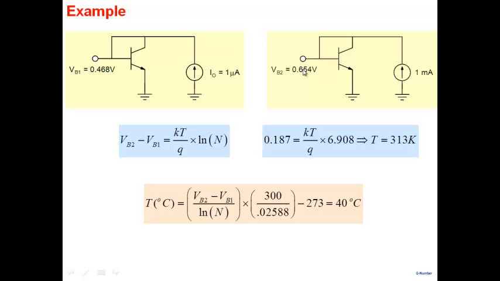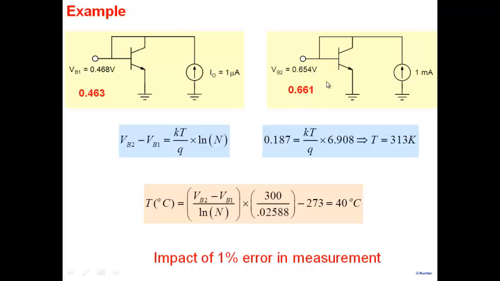Similarly, the error here could make it 1% higher or 1% lower. So let me make this 1% lower. So the impact of 1% error in measurement: I make this 1% lower, so it becomes 0.463. And this one I make 1% higher, and it becomes 0.661.